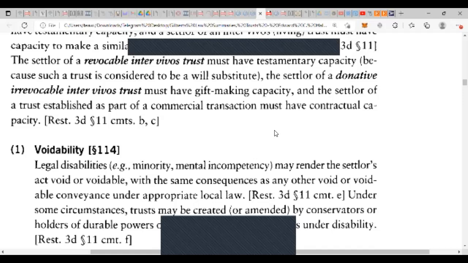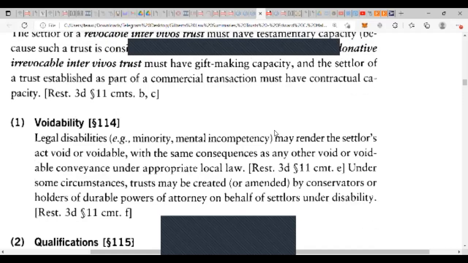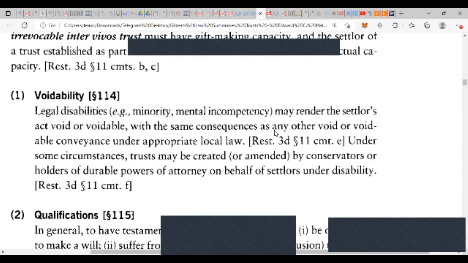The settlor of a donative irrevocable inter vivos trust must have gift-making capacity, and the settlor of a trust established as part of a commercial transaction must have contractual capacity. Restatement Third, Section 11, comments b and c.